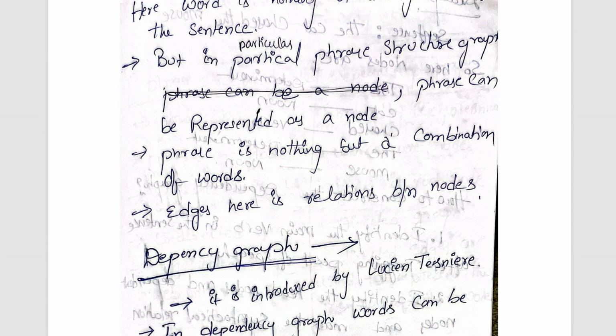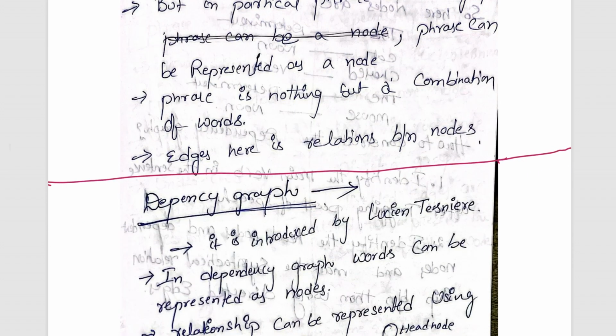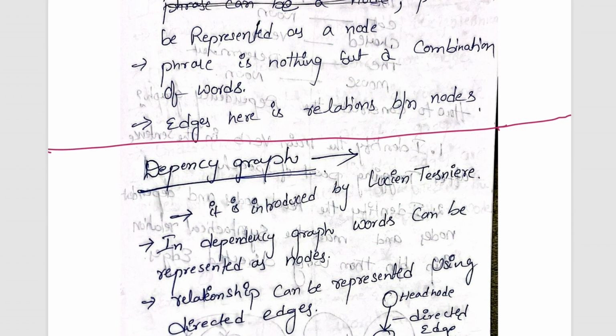This is the phrase structure graph. Till here it is the phrase structure graph. Now coming to the dependency graph. Remember, a phrase structure graph can be represented either top down or bottom up.